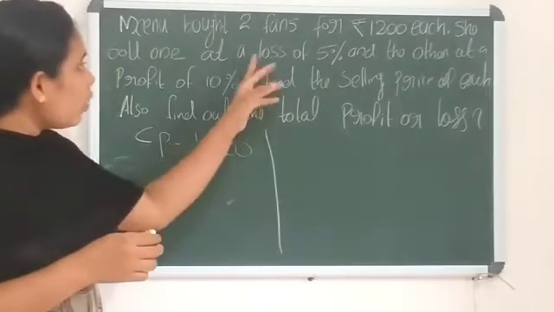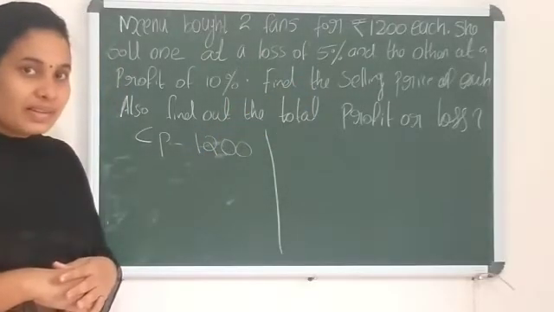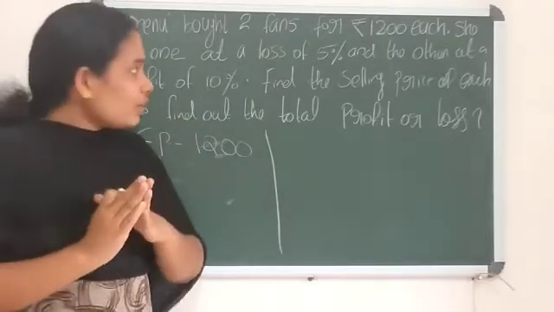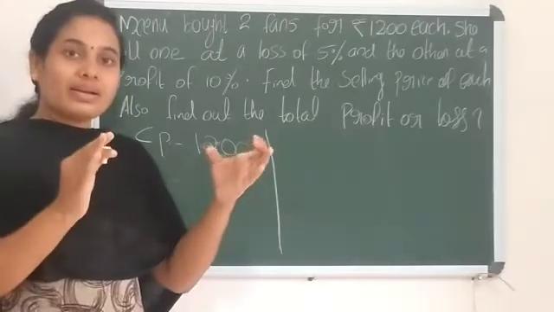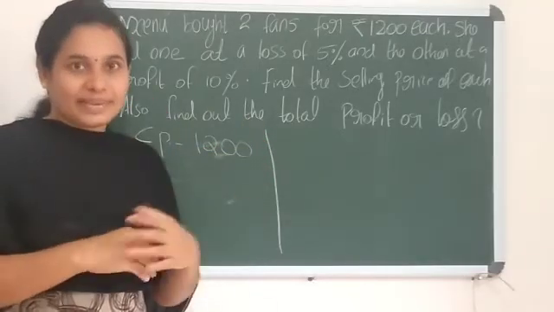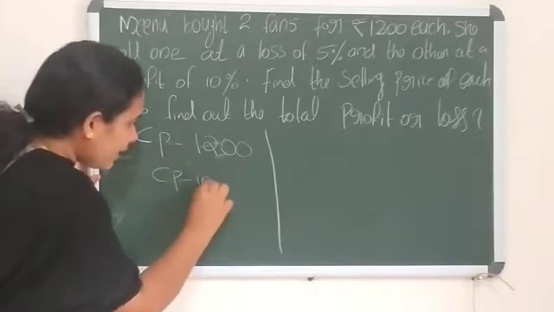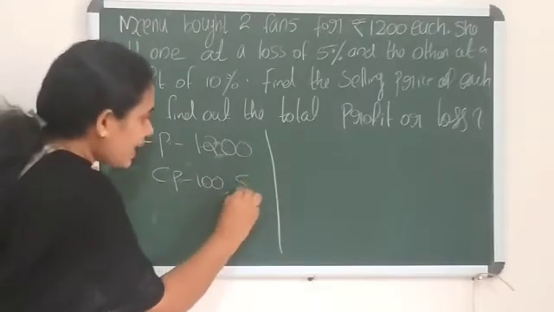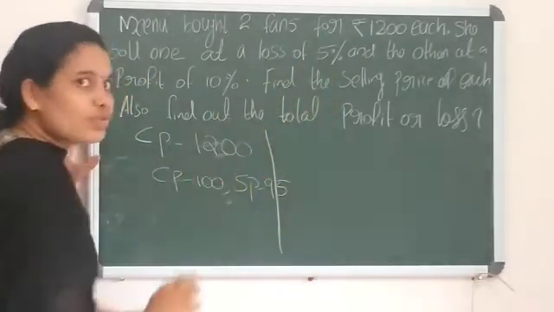Now what do you mean by loss of 5%? That means you want to convert the situation into what happens if we consider everything in 100. That is, if cost price is 100 and selling price is 95, then there will be a loss of 5%.